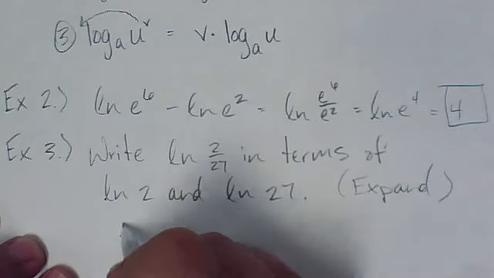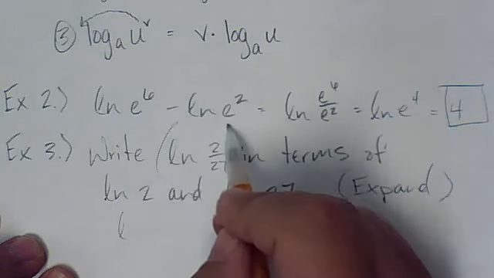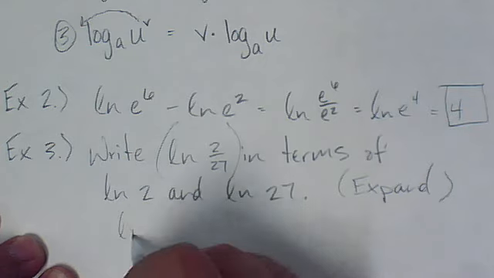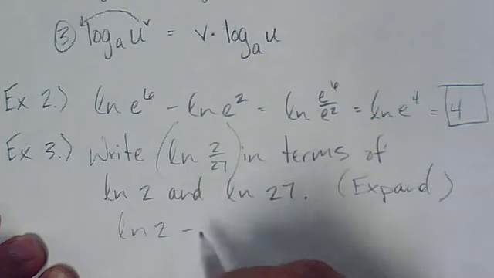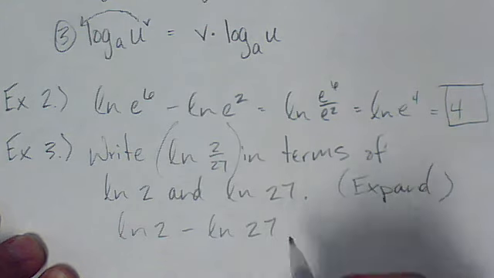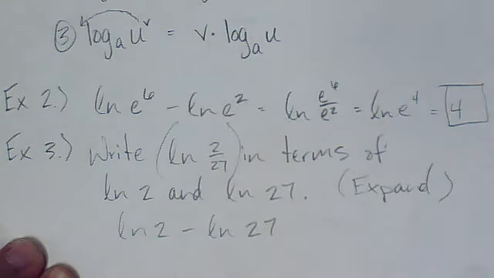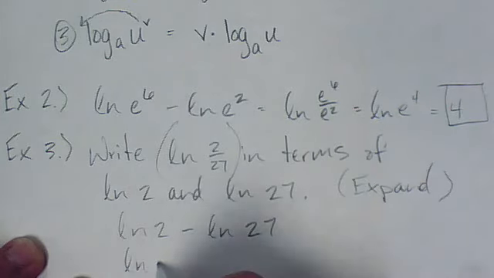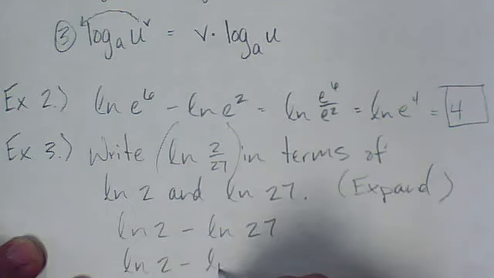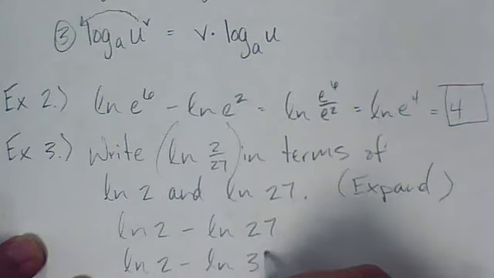But this one right here I can take, because we're working with this right here, the natural log of 2 minus the natural log of 27. And then we can actually keep going here. We could do something like this. We could rewrite that 27 as 3 cubed.